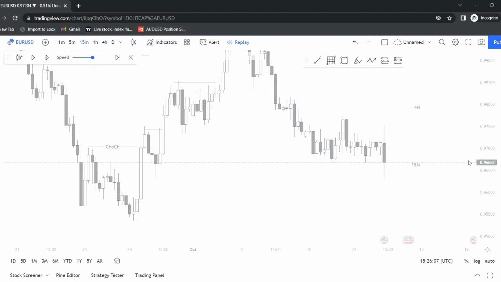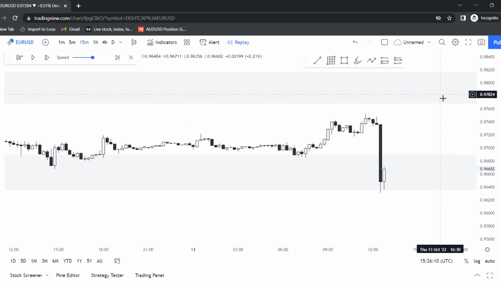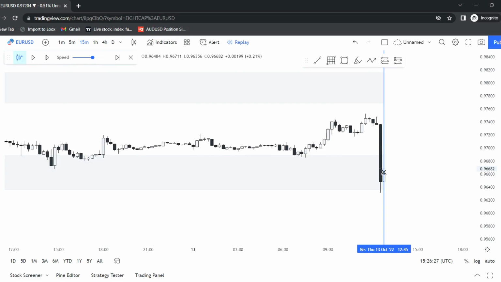I simply forgot to tell that as far as my opinion goes, whenever there is a high impact news which moves price quite rapidly and leaves behind imbalances, let me just go back a little more.